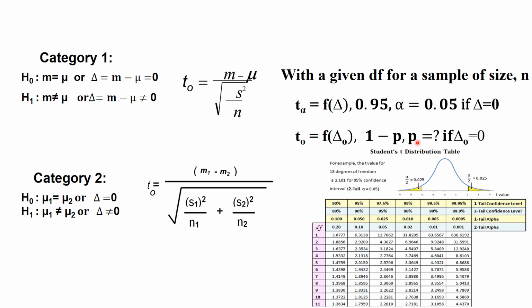What is P here? P is simply the probability of the null hypothesis not being true due to random sampling error. Alpha is also the probability of the null hypothesis not being true due to random sampling error.